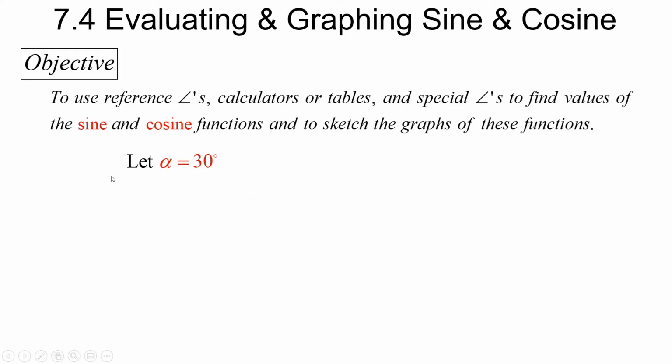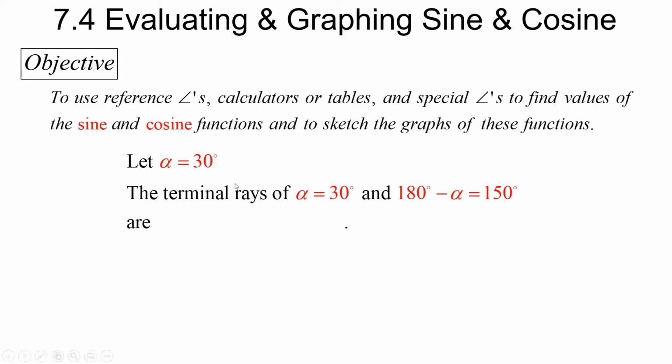Okay, let alpha equal 30 degrees. Now I'm going to have a diagram of this on the next slide, but I want you to visualize in your mind right now an angle of 30 degrees in standard position. The terminal rays of alpha equals 30 degrees and 180 degrees minus alpha equals 150 degrees are, now picture those two angles now.